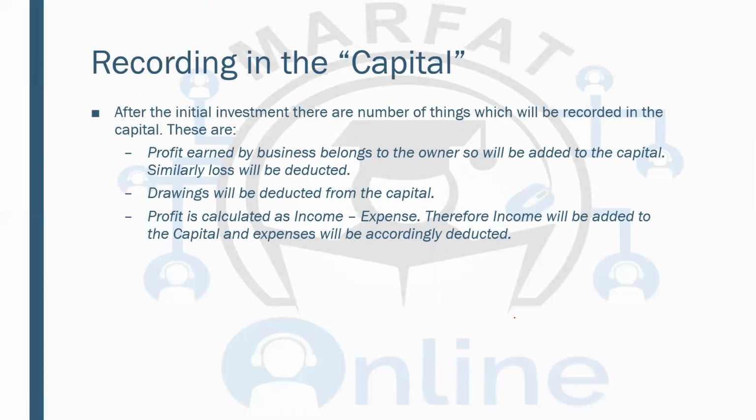Now we'll be studying how the capital will change when there are certain transactions. The first thing you need to understand is that the capital will change when there is some further investment.